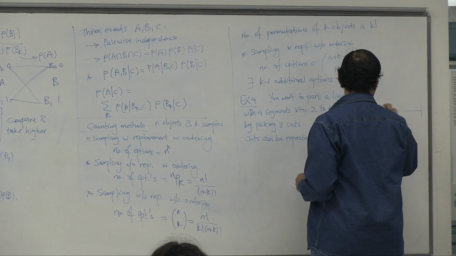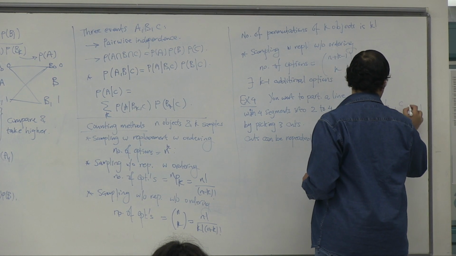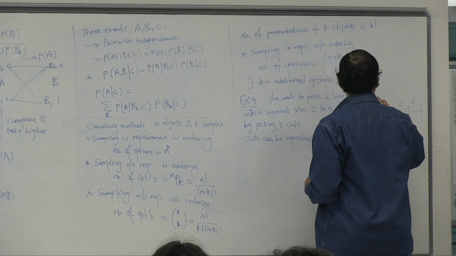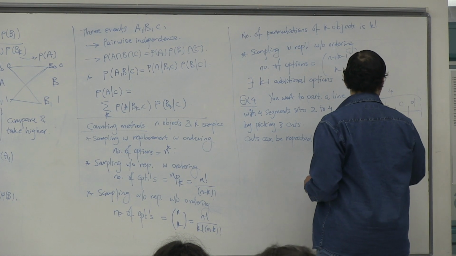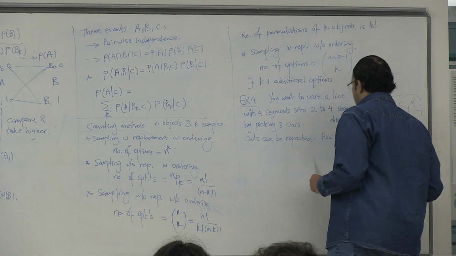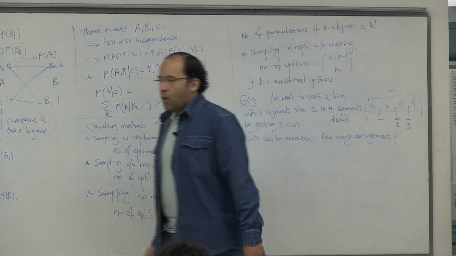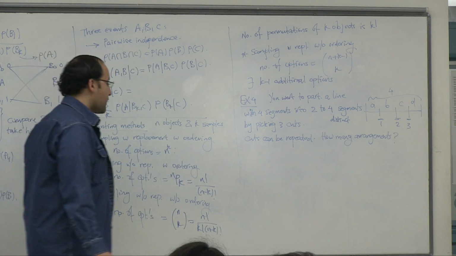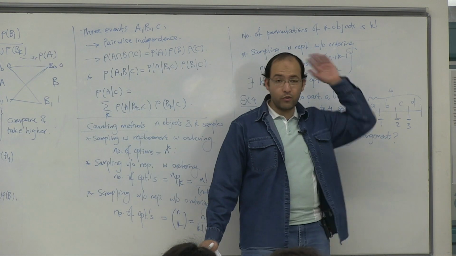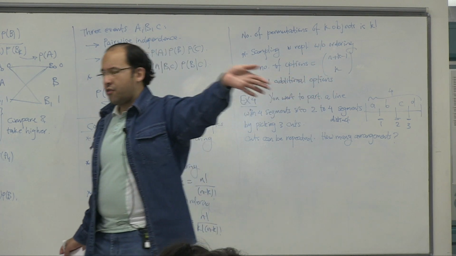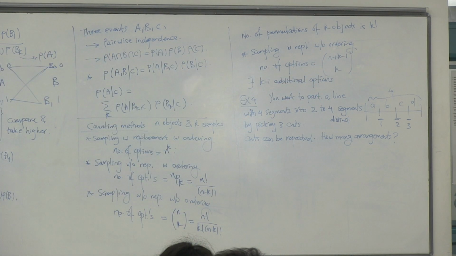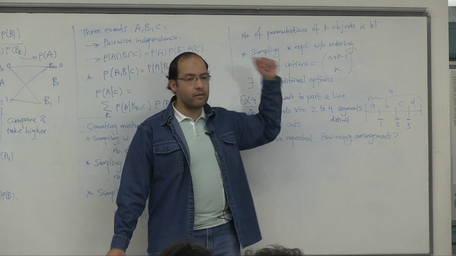It has A, B, C, and D, 4 different segments, 3 places to cut, say 1, 2, and 3. And you want to cut this thing into a number of segments between 2 and 4. What is a possible 3 choices? What is a possible 3-tuple choice that allows us to partition into only 2 segments?